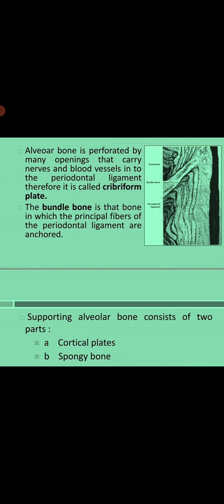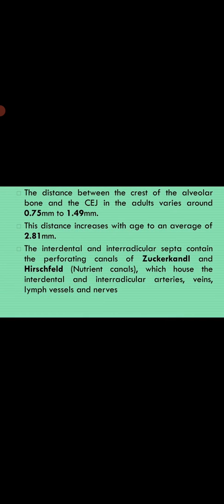Now come to the supporting alveolar bone, which consists of two parts. Number one is the cortical plate, second is the spongy bone. The distance between the crest, the top of the alveolar bone, and the cemento-enamel junction in adults varies around 0.75 mm to 1.49 mm.